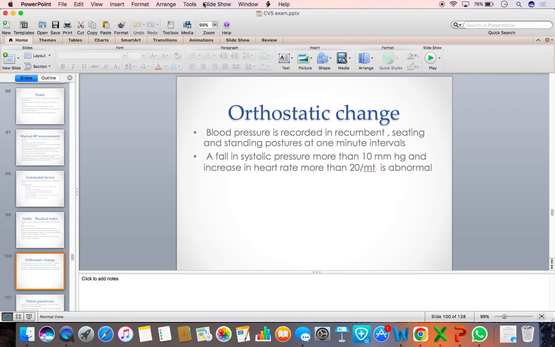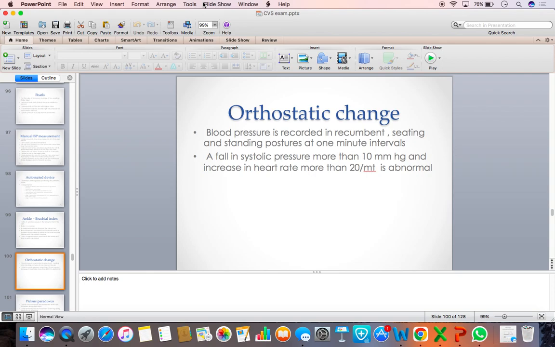What happens? When the patient changes from the lying down position to sitting or the standing position, there is a fall in systolic blood pressure. If it is more than 10 mmHg and there is an associated increase in heart rate, that is more than 20 per minute, it is said to be abnormal. This is called orthostatic change.